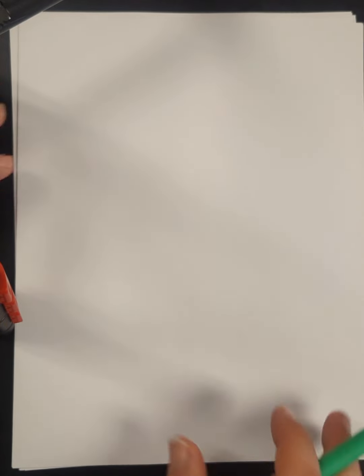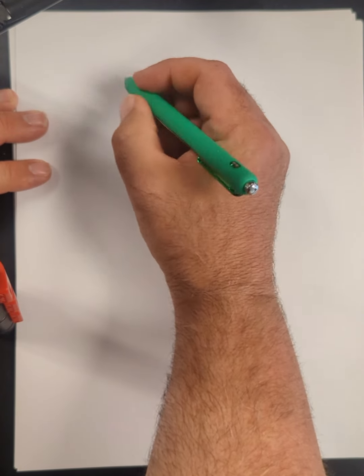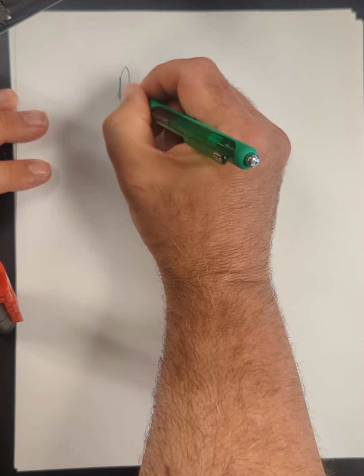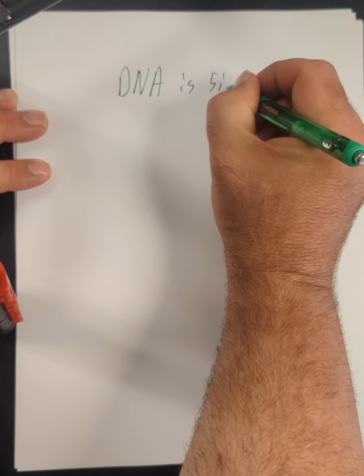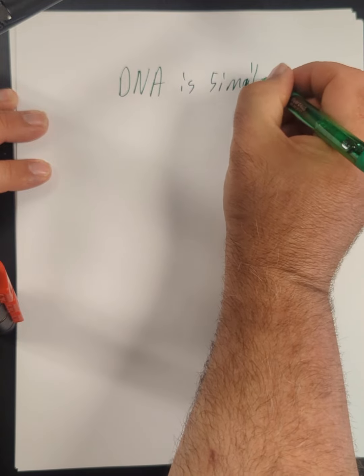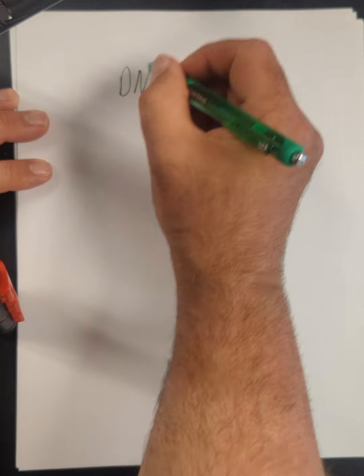The more closely related a species is, right, how can I say this? So if the DNA is similar, so similar DNA means closely related.